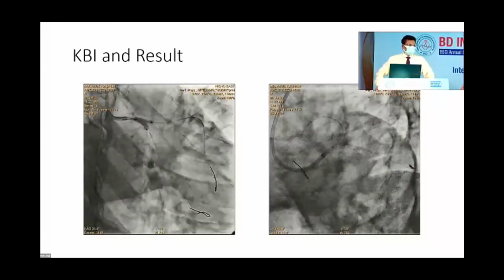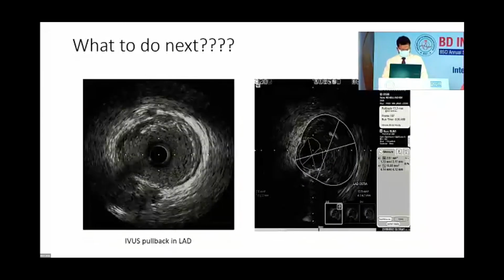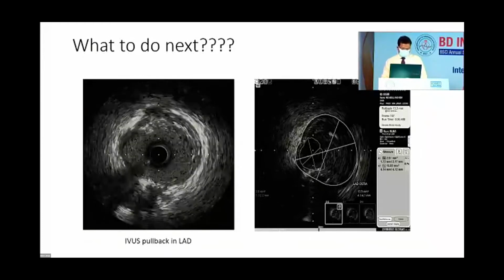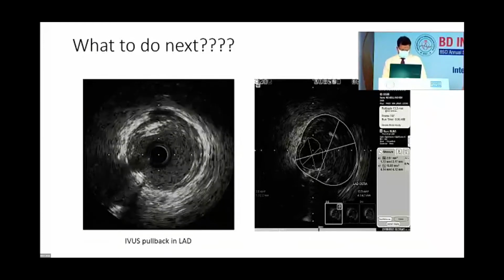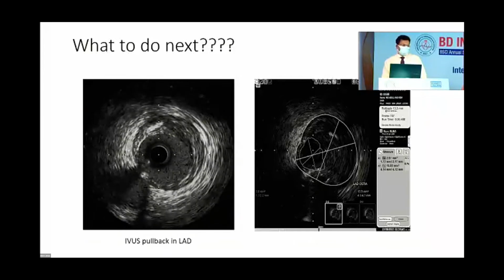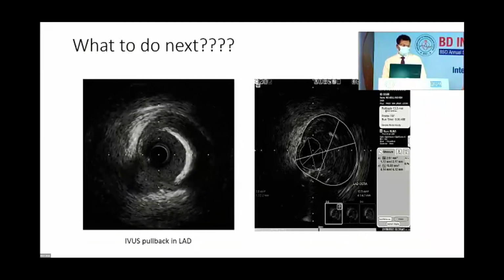KBI and then POT in the proximal LM. And this is the result. You see the result after KBI, and you see here the LAD and pullback from LM to LAD.